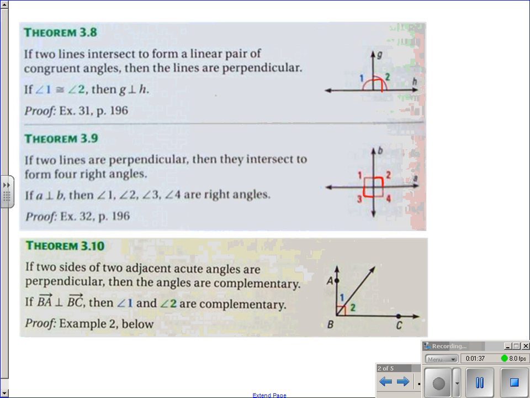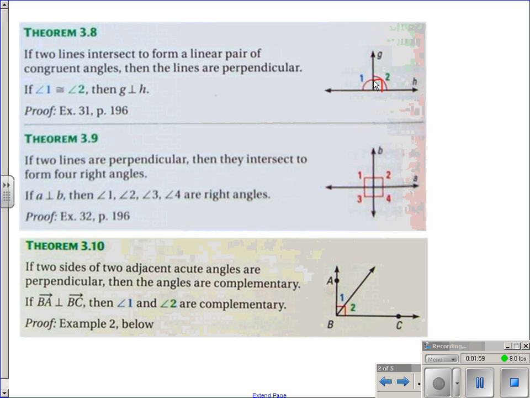One of them is 90 degrees, which forces the other one to be 90 degrees. Vertical angles gives you angle 1. So basically it just says when lines are perpendicular, you put that perpendicular marker in there, but all four angles at that intersection are going to be right angles. Kind of obvious, but all right, theorem 3.10.